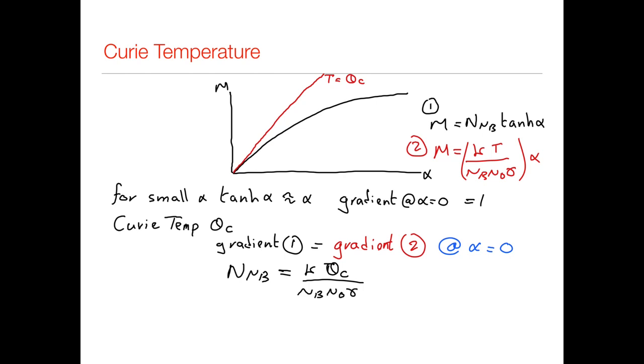So quickly rearranging for theta C, we have N mu B squared mu naught gamma over k, that's the Boltzmann constant. So this is the Curie temperature.